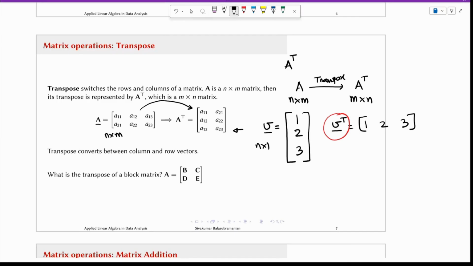Fine. Now, if I give you a matrix represented as a rectangular arrangement of scalars, you know how to do the transpose. What if you had a block representation? How would you do the transpose? So if I take A transpose here, is it possible for me to write A transpose in terms of the submatrices, some operation on the submatrices?